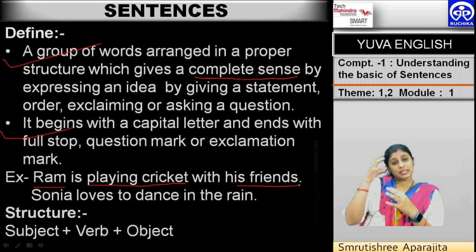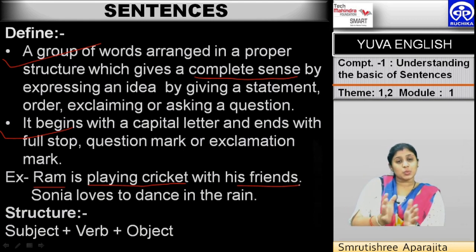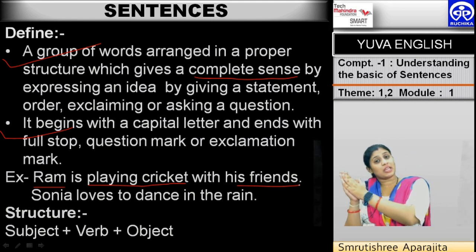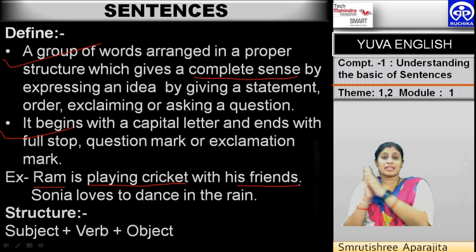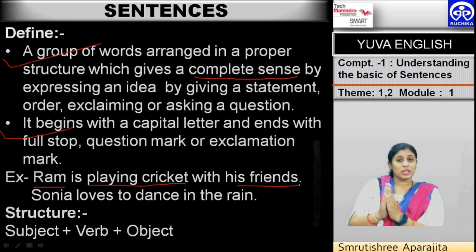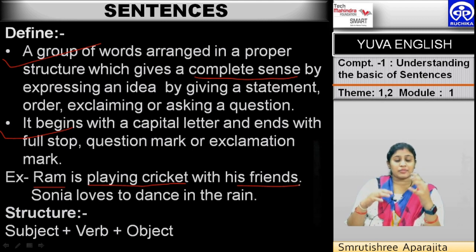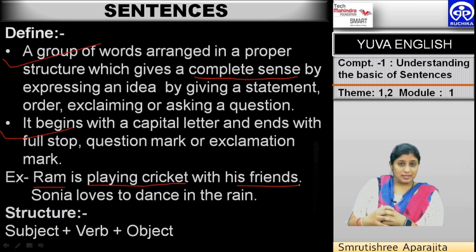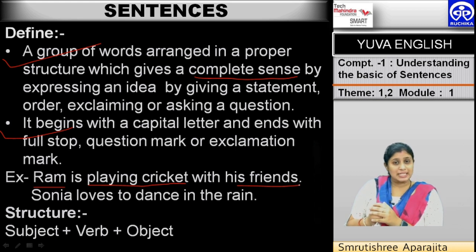Now, very well you can see these words, Ram is playing cricket with his friends, are arranged in a proper structure. If we say Ram cricket playing friends with his is, that is not a sentence. So Ram is playing cricket with his friends is a sentence.